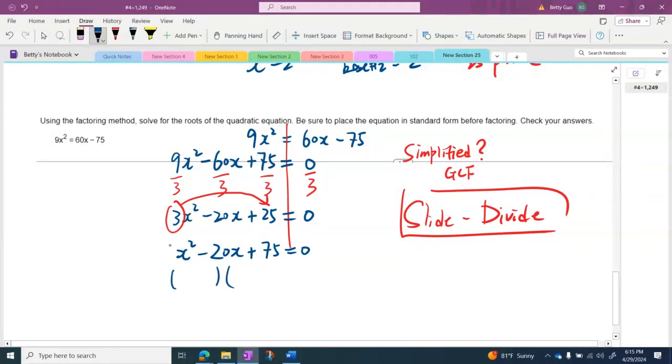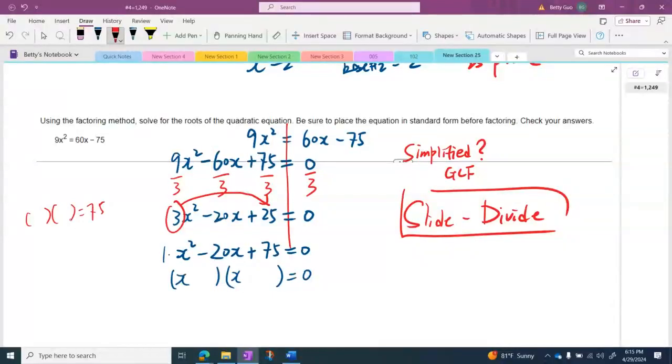And let's see how we factor the left side with leading coefficient 1. We need to find two integers that multiply to 75 and add up to negative 20. So they have to be both negative.